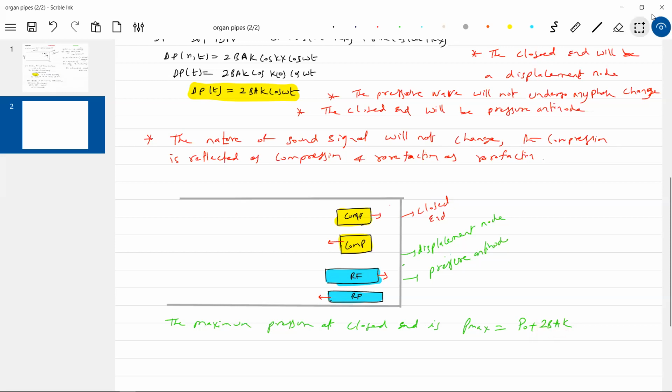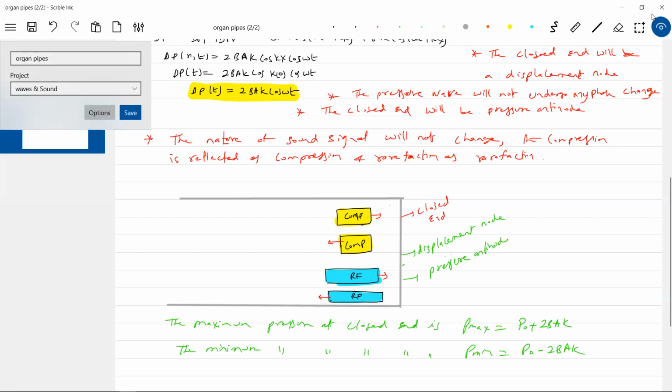Similarly, what is the minimum pressure? The pressure at the closed end will fluctuate harmonically about the mean atmospheric pressure. At one instant cos omega t can be equal to 1, so the maximum pressure will be P naught plus 2BAK. The minimum pressure will be P naught minus 2BAK. But the displacement will be 0 at all times.